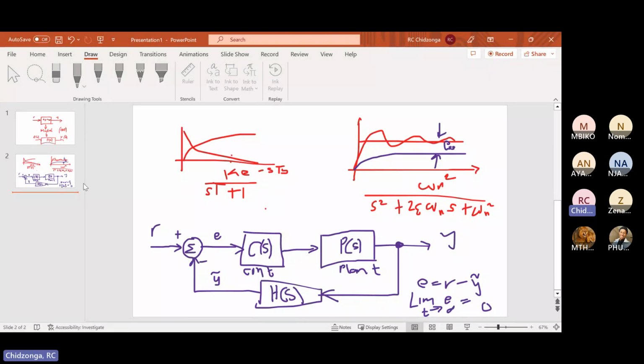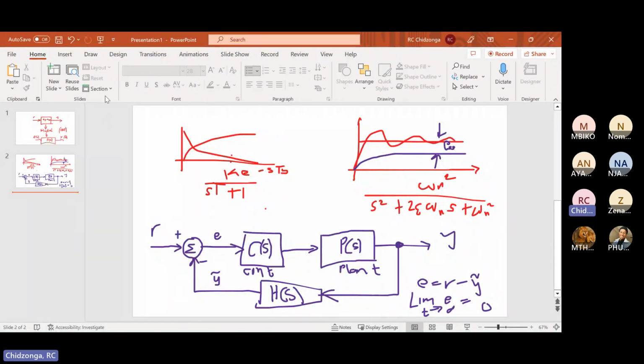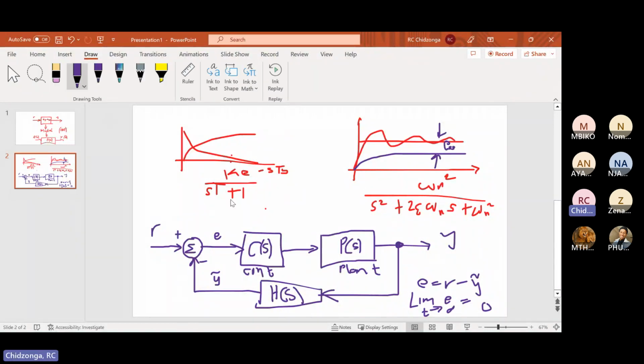The purpose of designing C is to drive the error, which is the difference between the input and this output, in such a way that as time continues, when you are hitting the steady state, which we measure by the settling time, if you remember, then you will see that your feedback system is now working pretty much good.